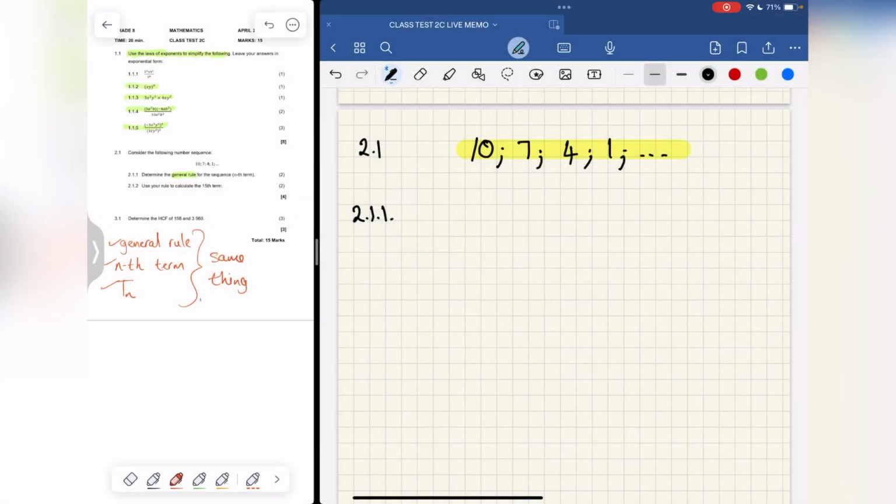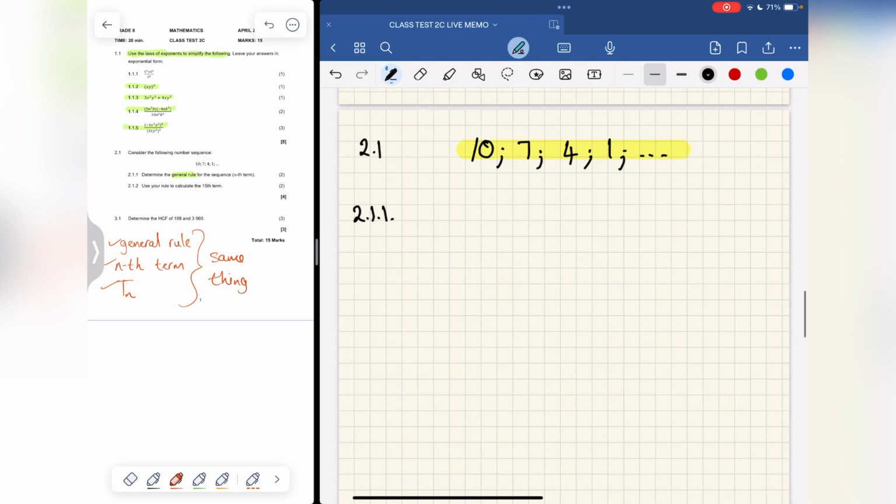Okay, so the first thing that we have practiced in class is we want to establish what is the constant difference. What is the pattern here that allows us to go from one term to the next term? Usually, you will have what we call a constant difference. In other words, if I subtract the first term from the second term, I would get some number, and if I subtract the second term from the third term, I usually get the same number, and so forth.